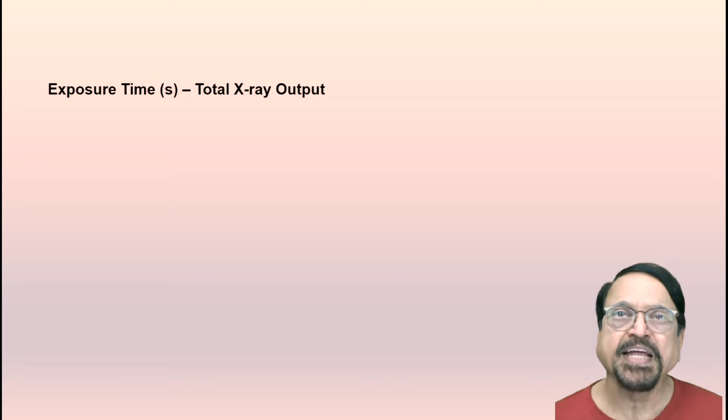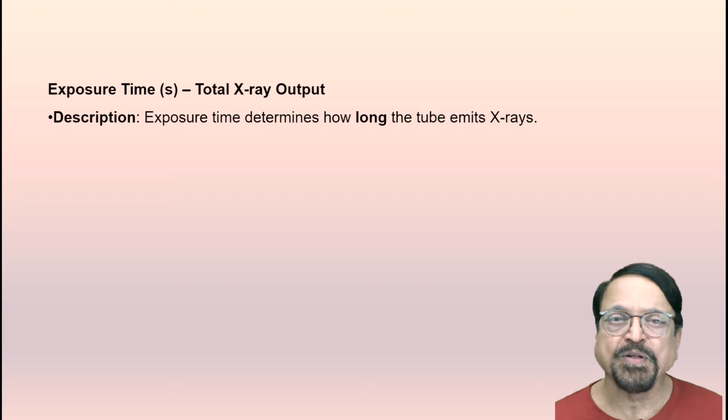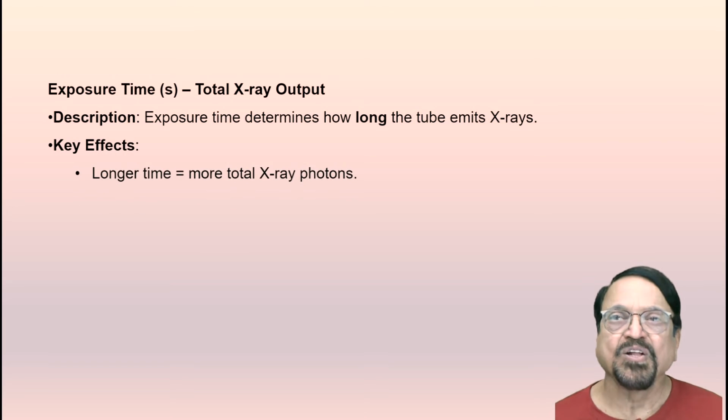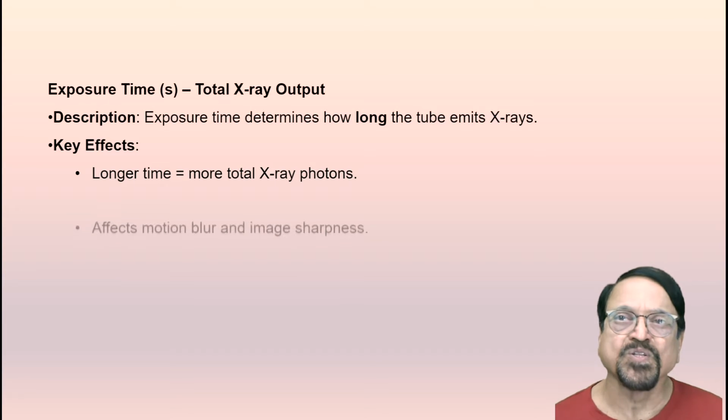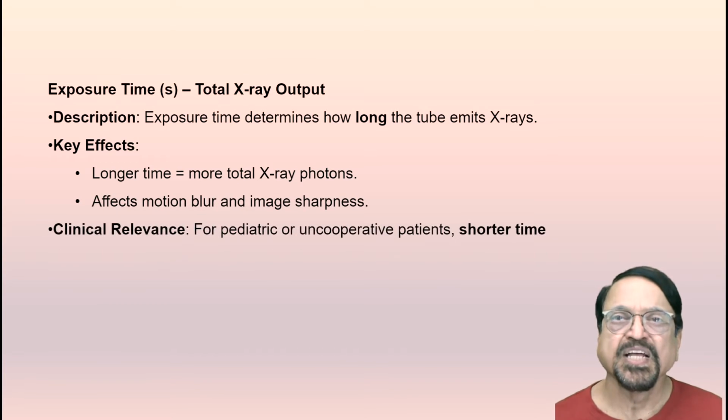Now exposure timing is the total X-ray output. It is a duration, the time in which the X-rays were on. Now what is the description? Exposure time determines how long the tube emits X-rays. The important facts are, the longer the time, the more X-ray photons. It affects motion blur and image sharpness.